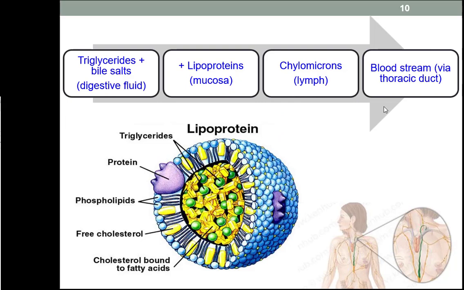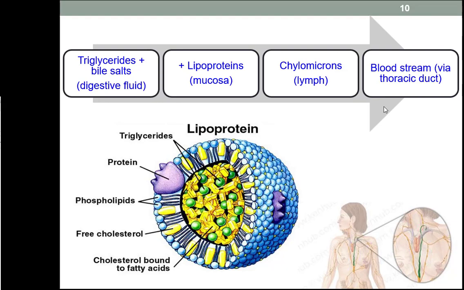Okay, so what happens? Digestive lipids mix with bile salts and are ferried to the mucosa where they are coated with lipoproteins, producing small structures of a micelle-like formation. As with the surfactants we discussed earlier, they fold in such a way that hydrophobic triglycerides, let's say fats, are hidden from the aqueous environment, while hydrophilic parts of the molecule are exposed to the outside.